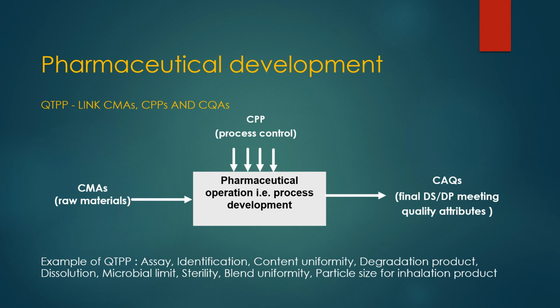By selecting the right input materials and CMAs and applying the CPPs during the development process, the sterility of the sterile liquid can be achieved. This is the final CQA of the product.